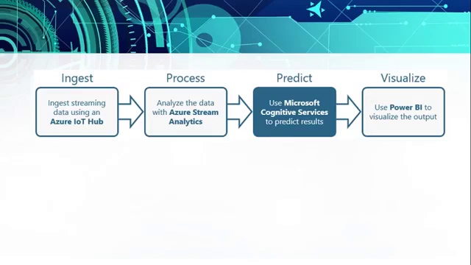In this lab, the third of four in the series, you will create a Custom Vision service model and train it to differentiate between various types of Arctic wildlife. Then you will connect it to the Stream Analytics job you created in the previous lab. Let's go for it.